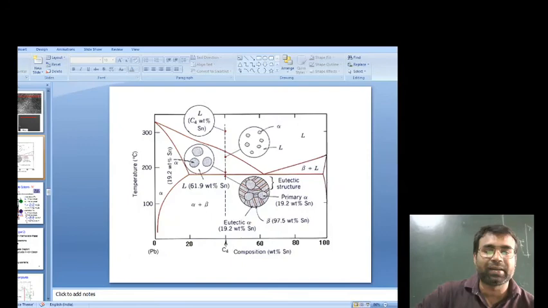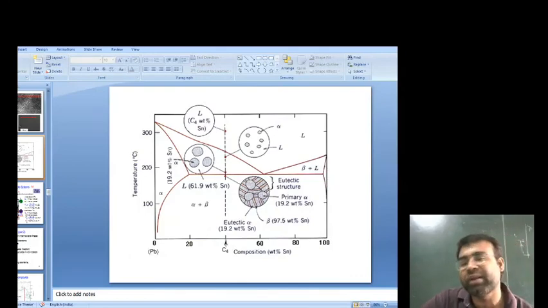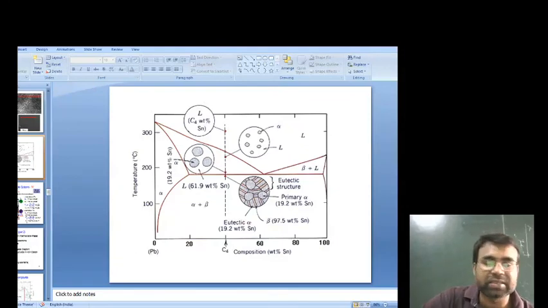So we have the composition of the alpha phase of Sn, which is 18.3 weight percentage, and the liquid phase contains 61.9 weight percentage of Sn. So we just put the values in the equation, and by this we can identify the particular fraction.